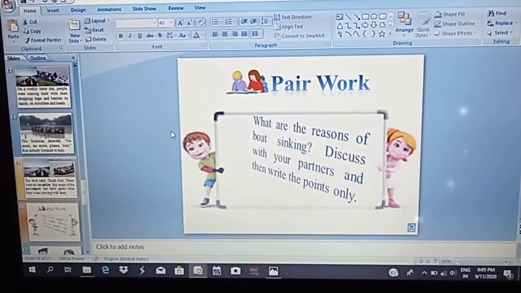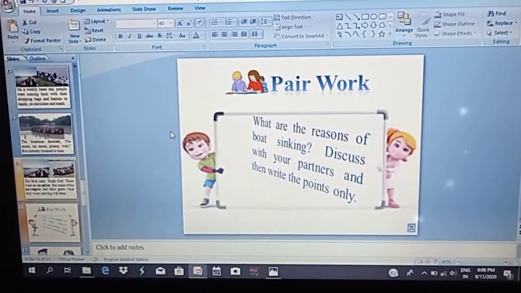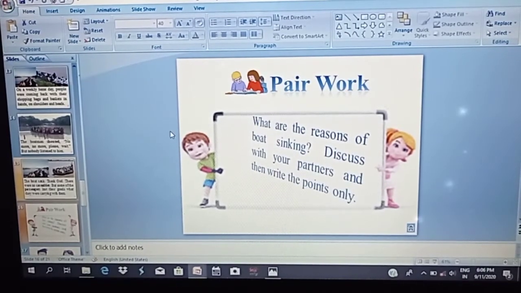So this is all about the passage, the ferry boat, and we have learned the difficult words with meanings, with similar words, and with examples also. And we have gone through the whole passage line by line with translation.